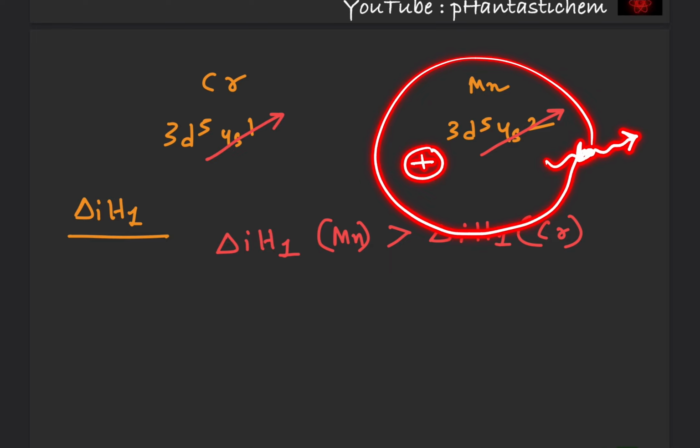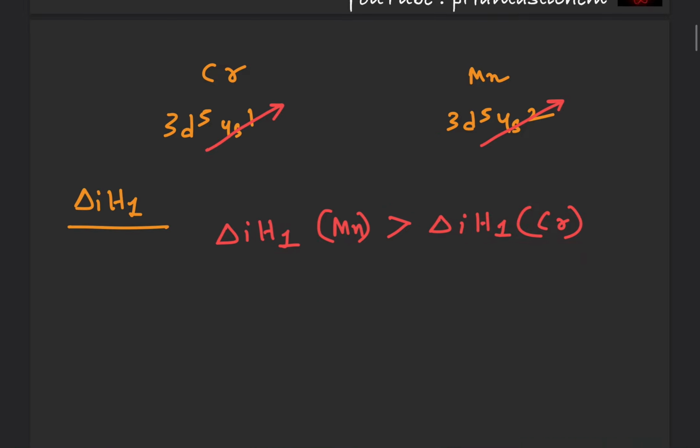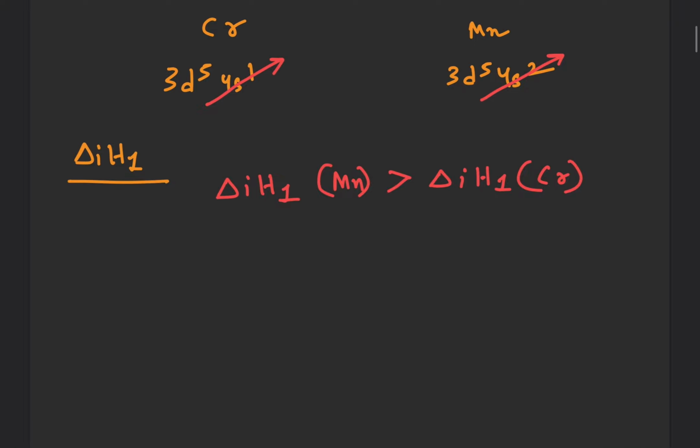Therefore more energy is required to knock an electron out in the case of Mn. That's why its first ionization energy is higher compared to chromium. Okay, and also chromium has low first ionization enthalpy because loss of one electron in the case of chromium gives us a very stable configuration of 3d5.